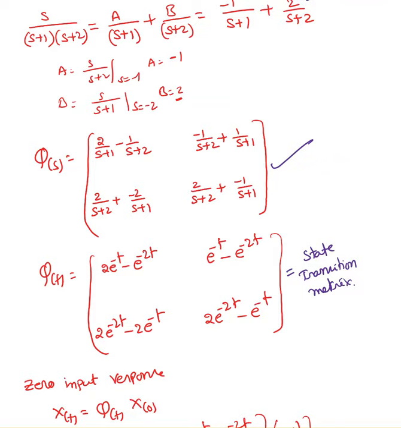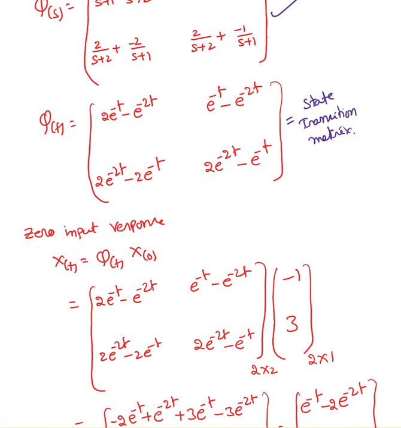Now we're going to find the zero input response. So when I said zero input, u of t equal to 0. That's what zero input response means. So x of t equal to phi of t times x0, the initial condition. The initial conditions we have are minus 1 and 3.